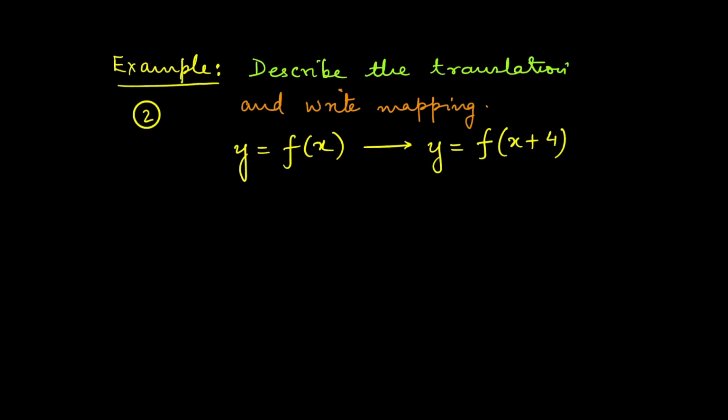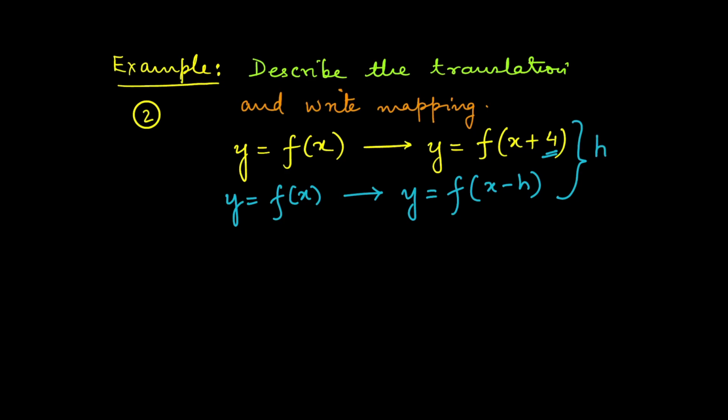Now example 2. Again, describe the translation and write the mapping. The function given is y is equal to f(x), which has been transformed to y is equal to f(x plus 4). First thing, we always write the formula: y is equal to f(x) transforms to y is equal to f(x minus h). If you compare these two, as I said earlier, we always take the opposite sign here, so we take h as minus 4. H is minus 4, that means it is negative. So how do we describe it?